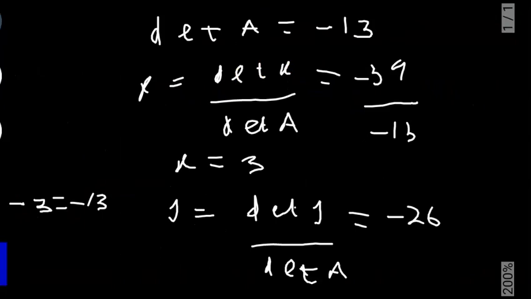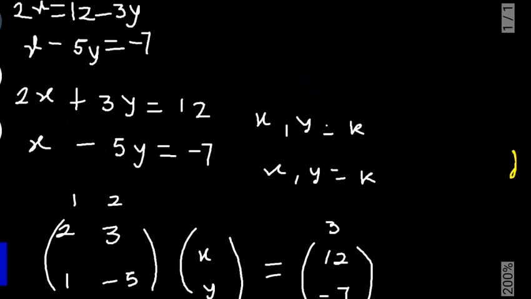So here we have 2. So for this equation, X is 3 and Y is 2.